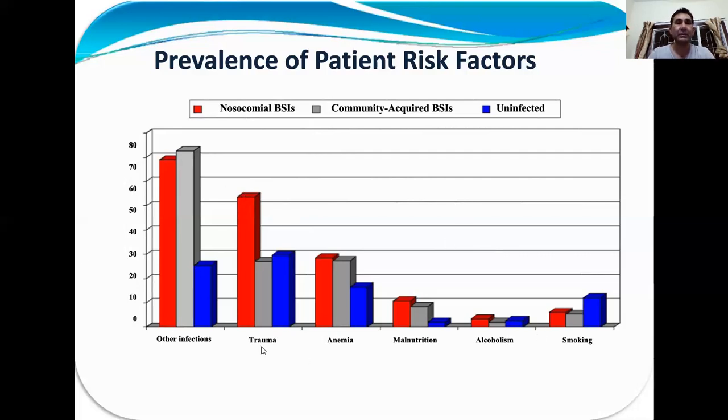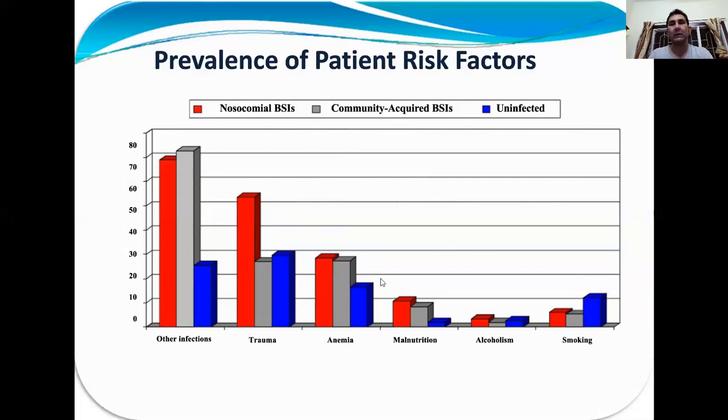But in the traumatic patients admitted in the hospital, around 52% came with nosocomial infection as compared to community acquired infections. It means traumatic patients acquire more nosocomial infection as compared to community acquired infection.